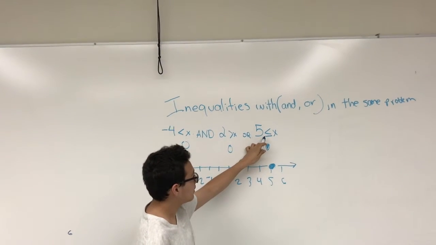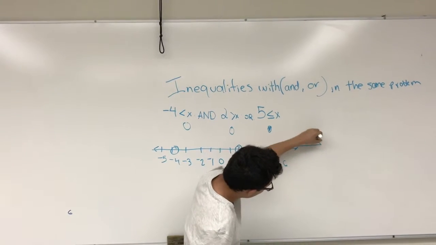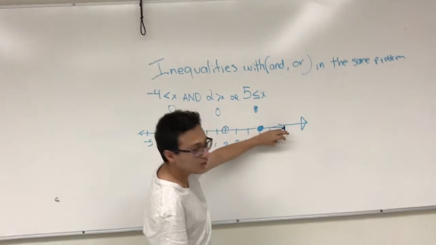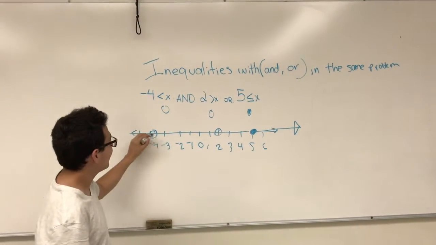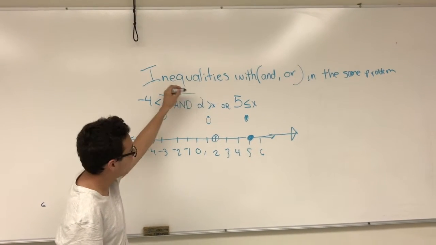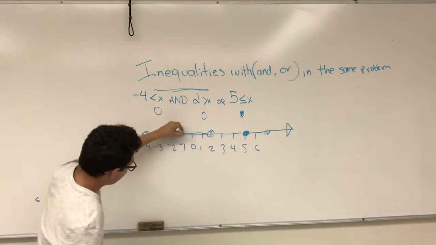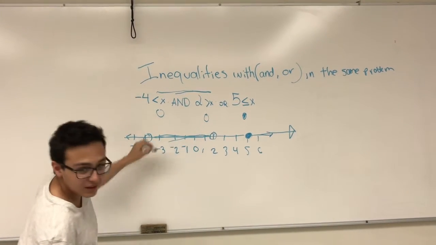Since this one is greater than 5, this line will go in this direction. In this one, it's greater, so it will go this way, and this one is less, so it will go this way. So they will intersect right around here.